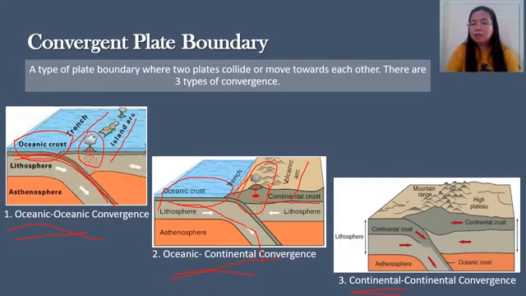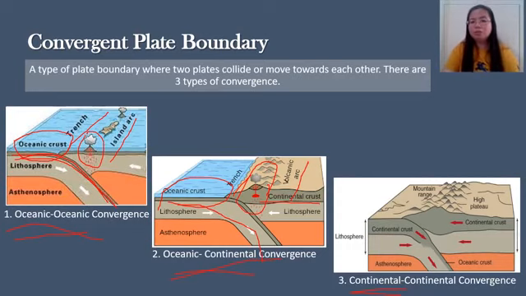Since they are both less dense, when they meet, they would buckle upward and form folds, as you can see in the illustration. Since there's no subduction here, there would be no volcanoes, no trenches. Instead, mountain ranges are formed. So these are the three types of convergent plate boundary.